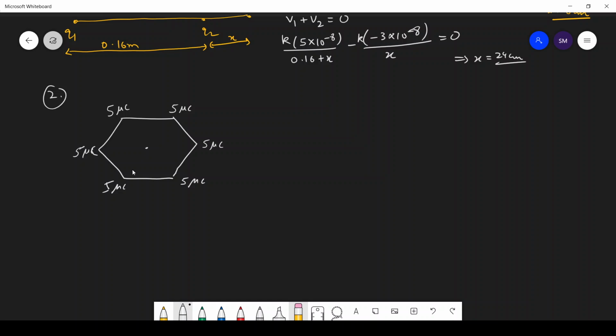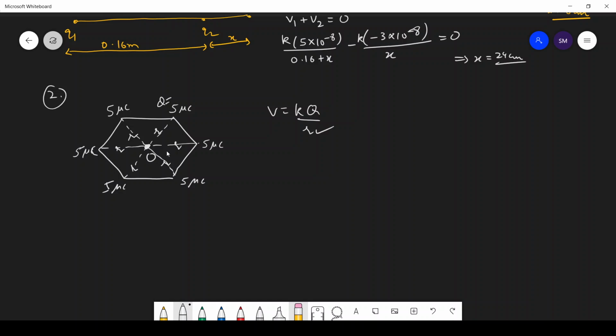So same as we have done above, potential due to all these points. The main thing is, what is the formula we have for the potential? So KQ by R. See, we are finding the potential at O, so this distance is R, this is R, this is R, this is R, this is R. So all the distances are the same, right?